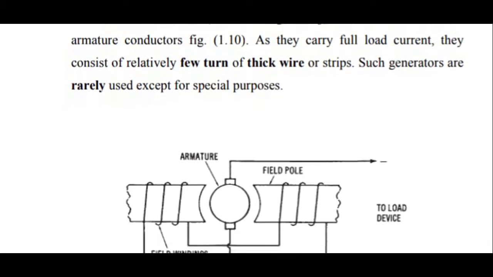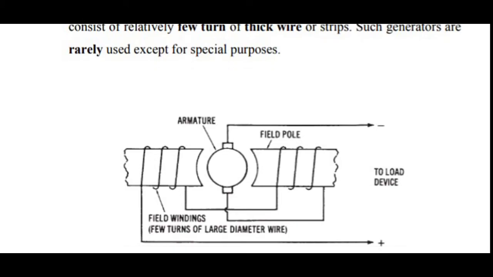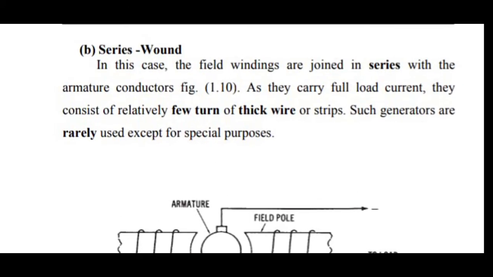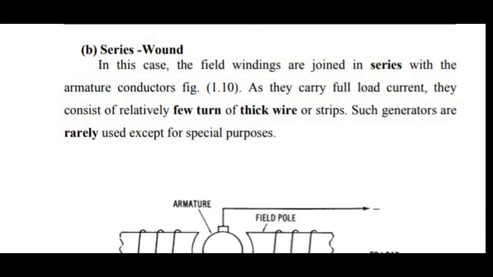So it has only a few turns, because the current carried by the field winding and armature winding is the same; the field current, armature current and load current are the same. So the resistance of the series field winding must be of lesser value.